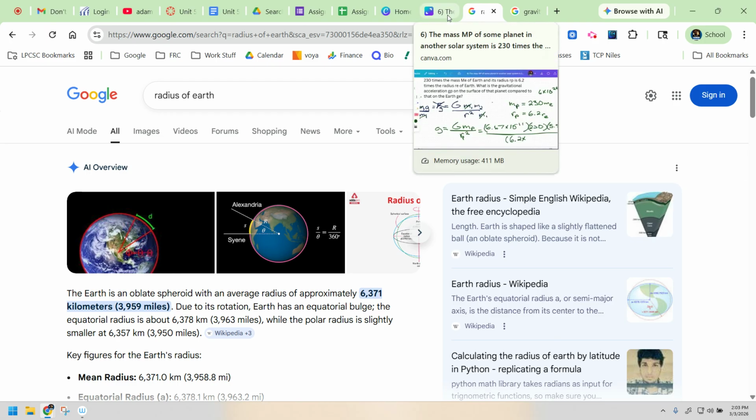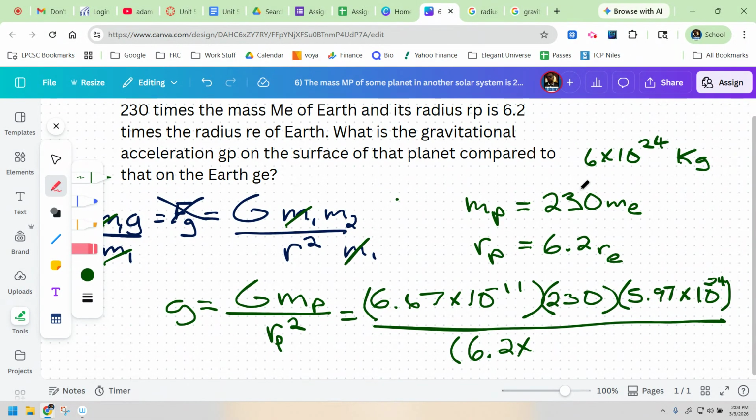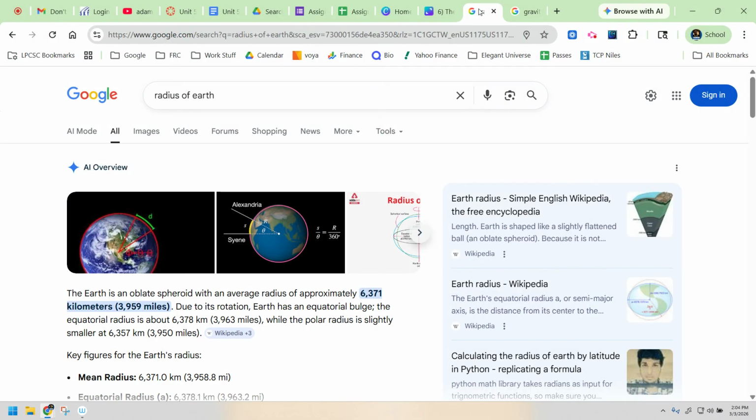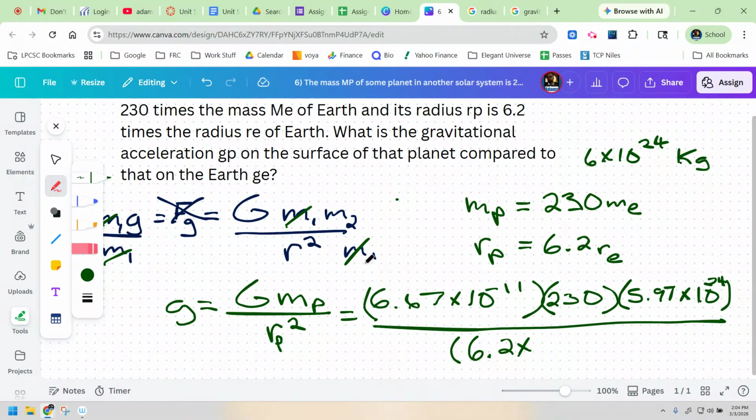Wait, did it ask for the proportion? Okay. So the radius of the Earth was 6.37 times 10 to... wait, let me double check this.